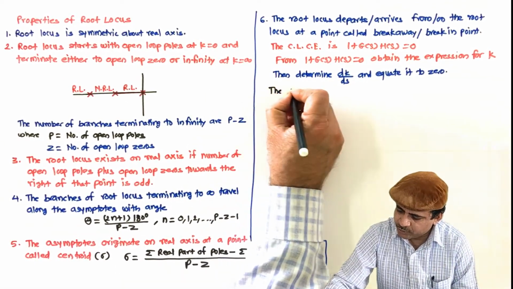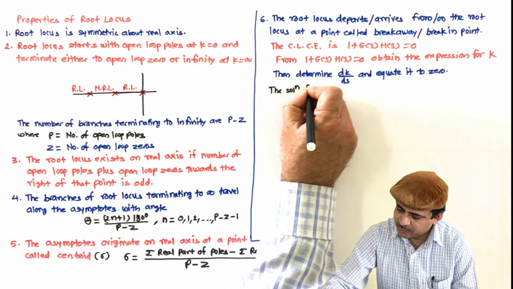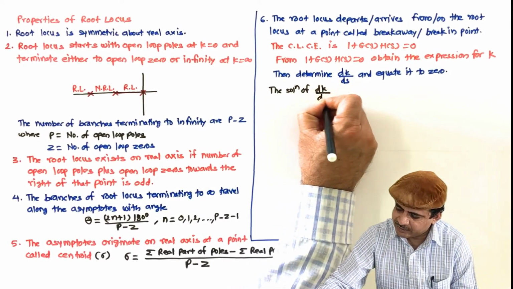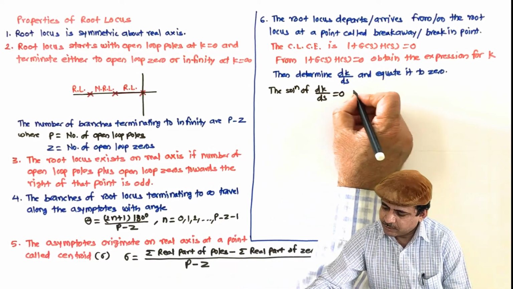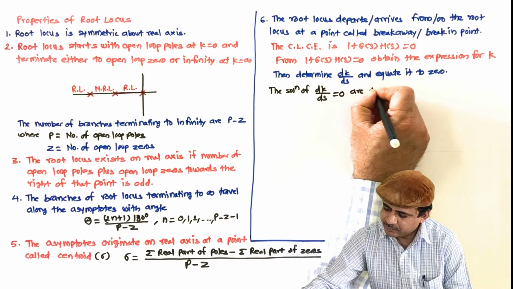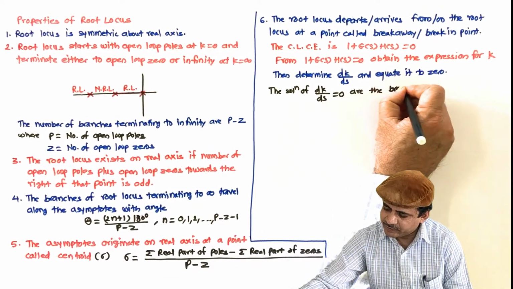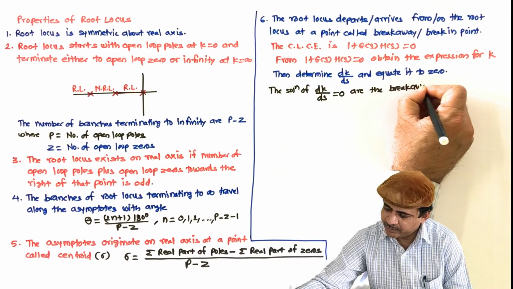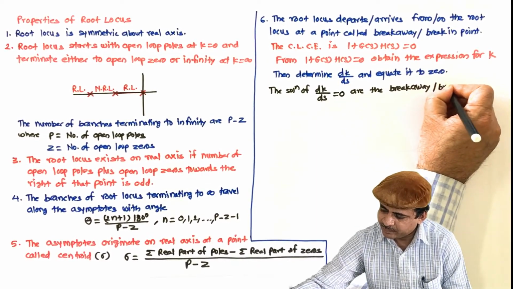So the solutions of dK/ds equal to 0 are the breakaway points, breakaway or break-in.